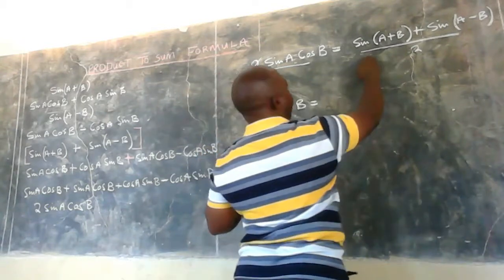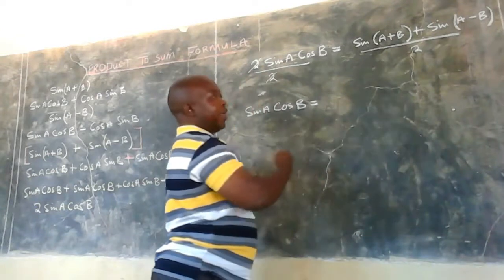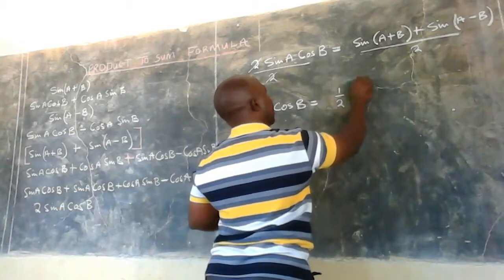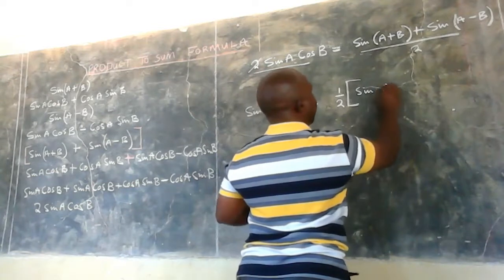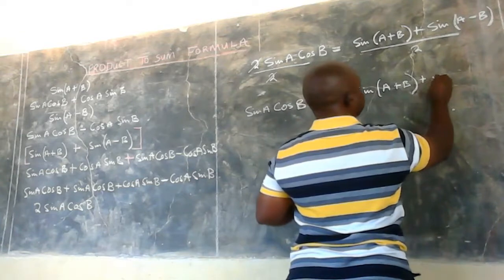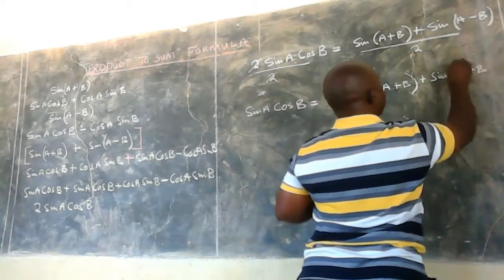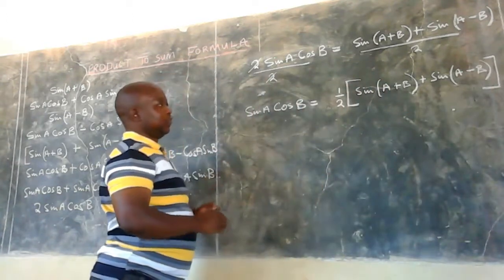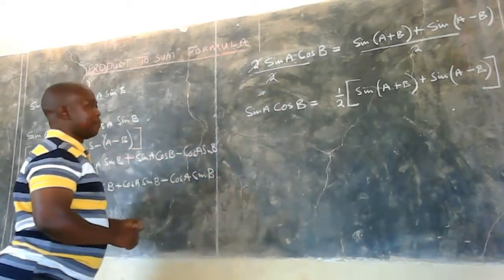In short, we have a half, 1 over 2, which we can factor out to give us a half, and then inside there we have sine of A plus B, then plus sine of A minus B.